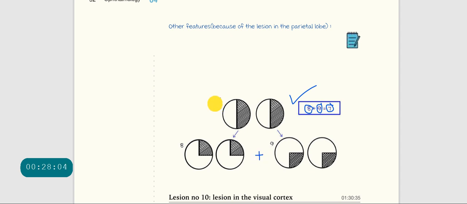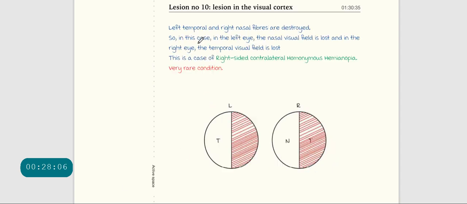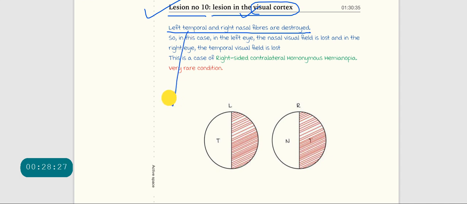In this type of lesion, the left temporal and the right nasal fibers are destroyed. If the left temporal fibers are destroyed, then the vision affected would be left nasal vision. If the right nasal fibers are affected, then the vision affected would be right temporal vision. Very easy. Assume a nose over here. The left nasal vision and the right temporal vision are affected.